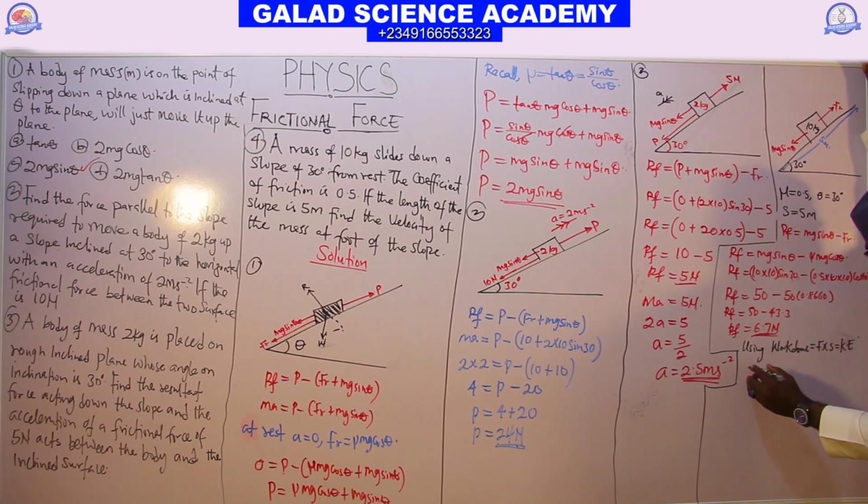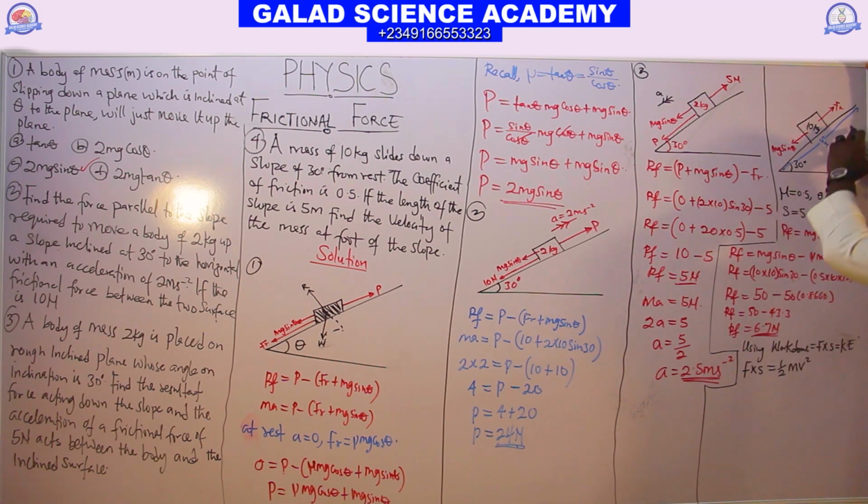So force times distance equals half mv squared.